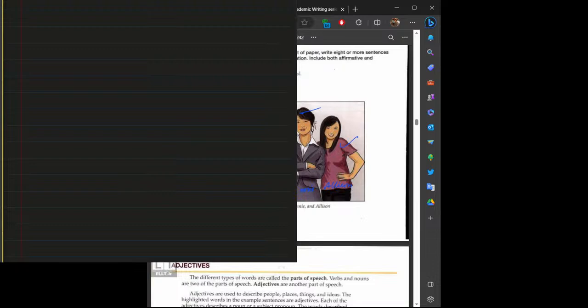So let's say, Lizzie doesn't like to wear skirts. One sentence.